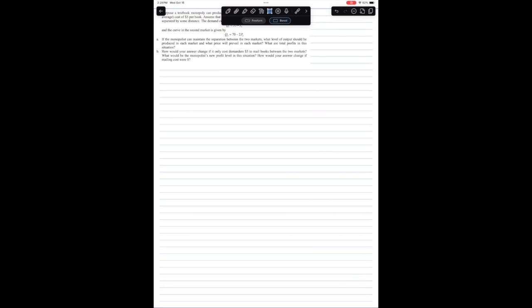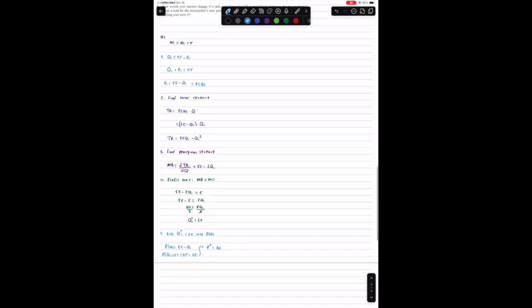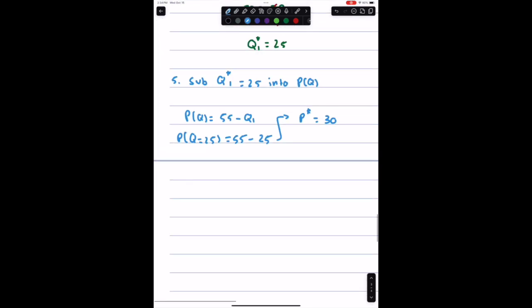So at Q equal to 25, P is equal to 55 minus 25. Therefore, P star is just equal to 30. And I'm just going to make sure I'm correct by pulling up the answers. Yes. Okay. Now, step number 6 is we have to find profits.